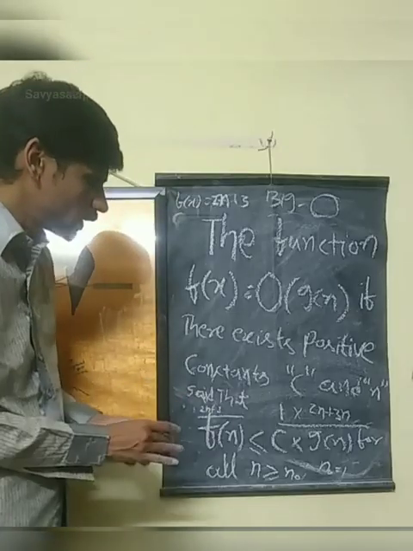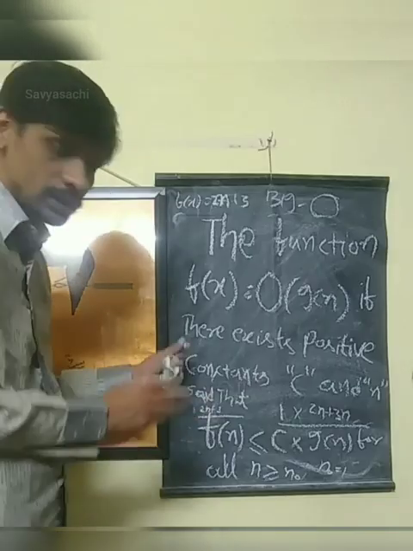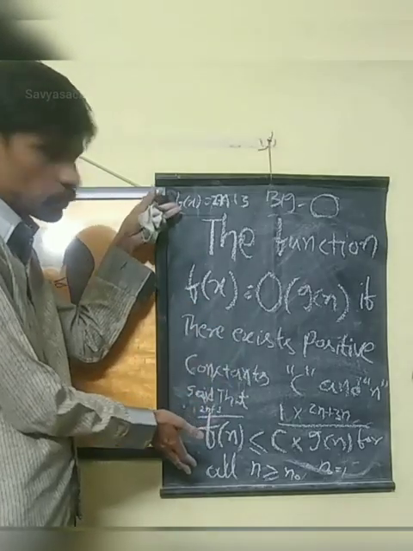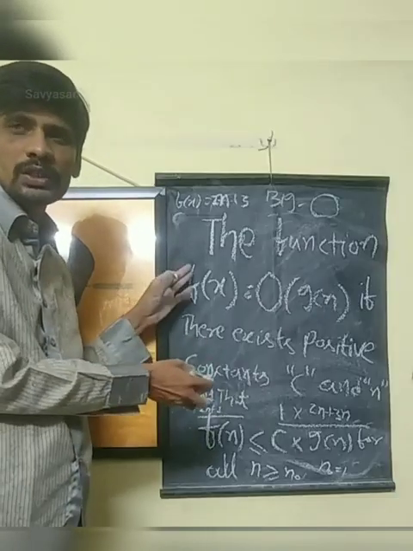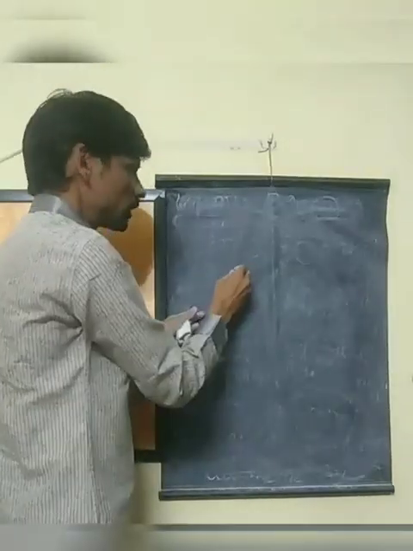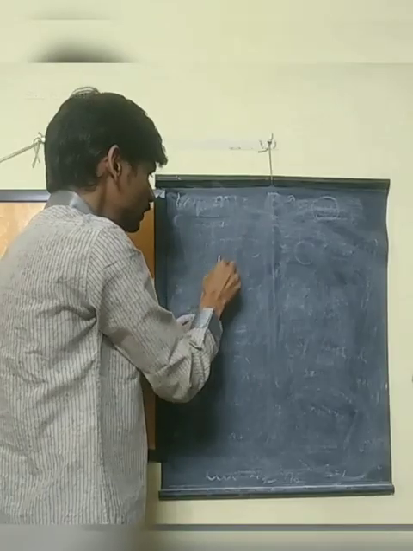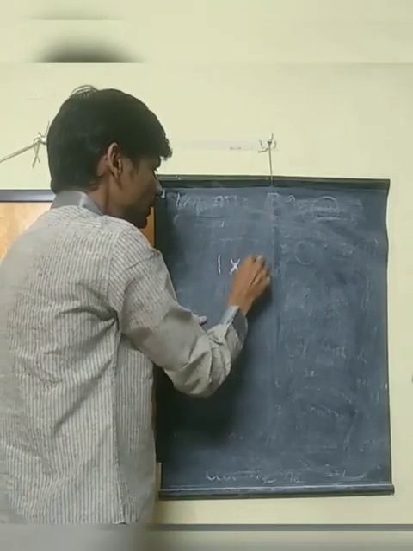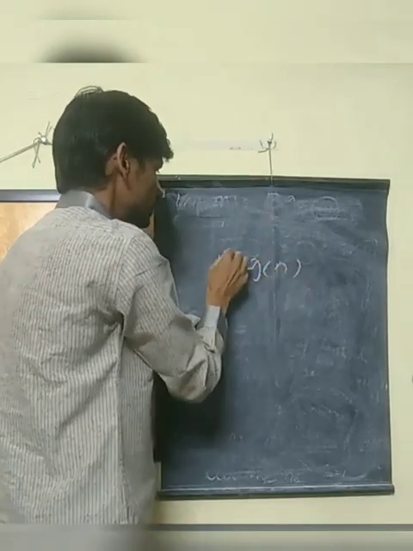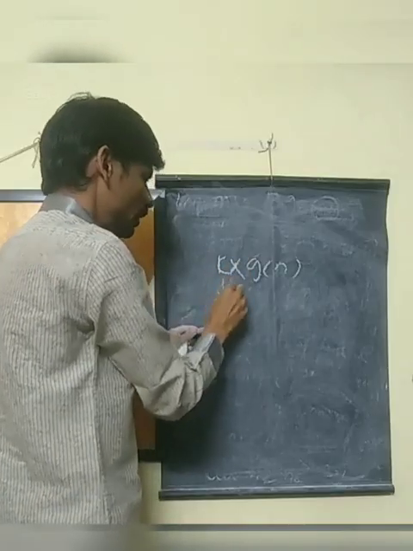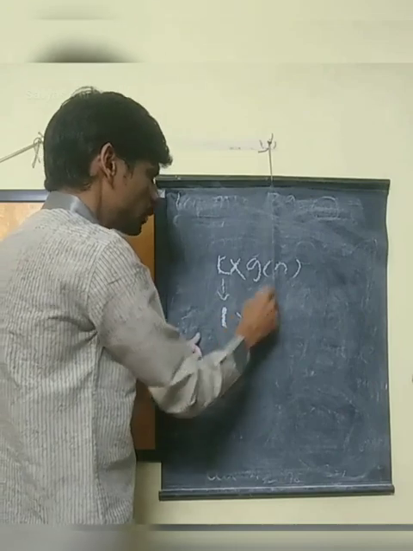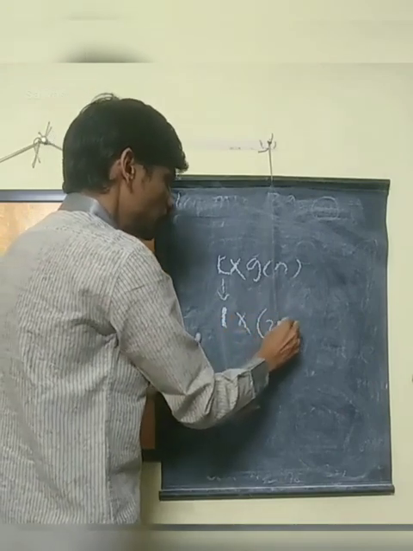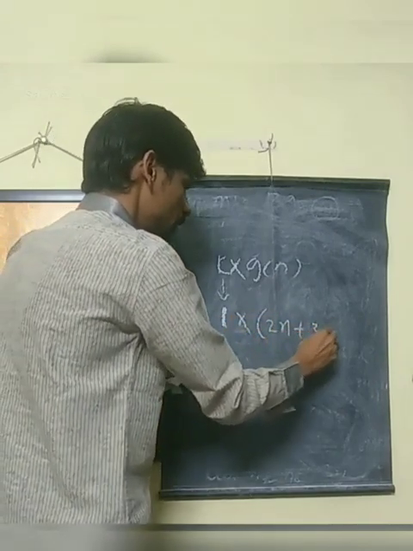If you are okay with this, we will try to explore some more on what exactly this means. What is my constant 1 multiplied by g of n? This is C. In our example, C is 1, the constant multiplied by our g of n, 2n plus 3n.